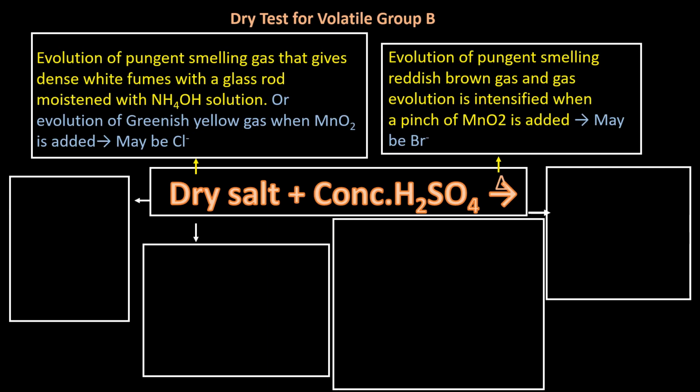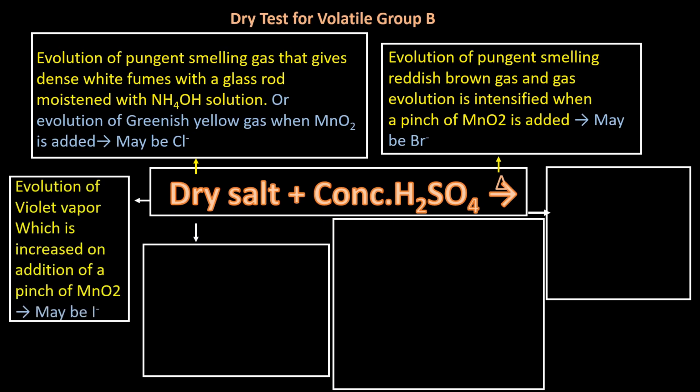See the other one. If you get a pungent smelling reddish brown gas and this evolution of the gas is intensified when a pinch of manganese dioxide is added, then it may be bromide. You can infer it may be bromide. Then if you get the evolution of violet vapor and that evolution is also intensified by the addition of a pinch of manganese dioxide, then it may be iodide.